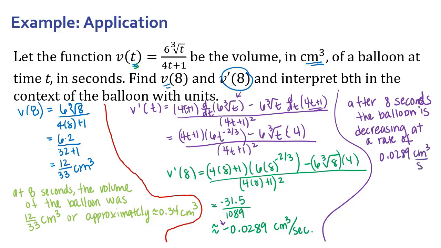So I don't say decreasing at a rate of negative, because the decreasing takes care of this negative piece. So it's decreasing, and the rate that it's going down is 0.0289 centimeters cubed per second.